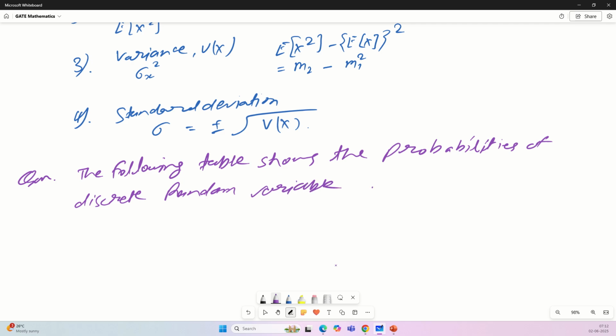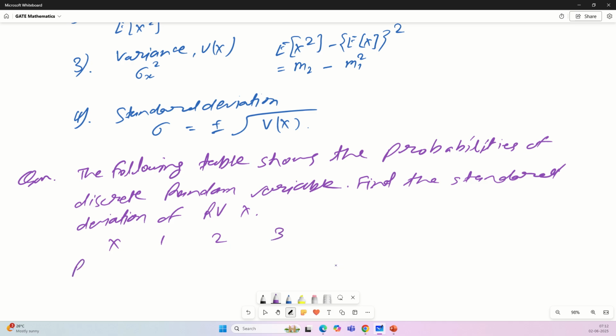Find the standard deviation of random variable x. The table is written as x equal to 1, 2, 3, and the probabilities are 0.3, 0.6 and 0.1.